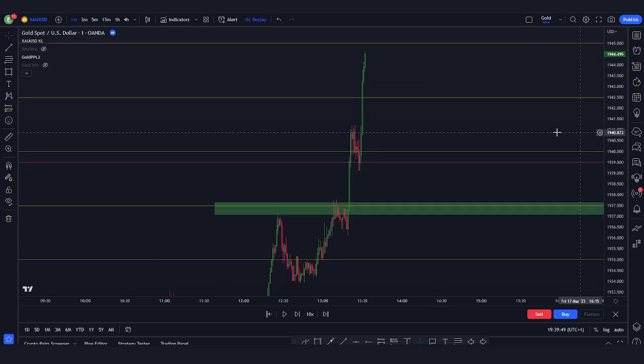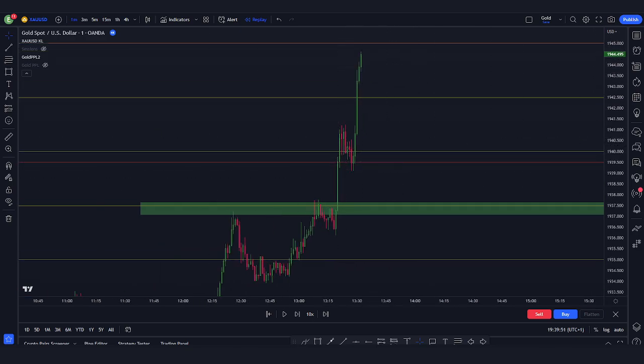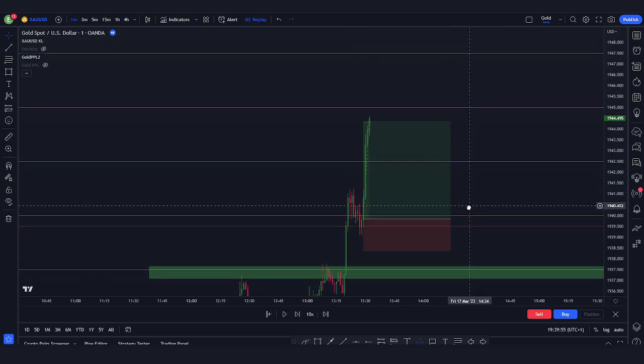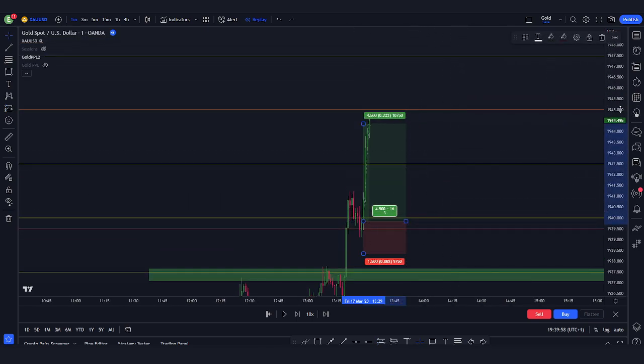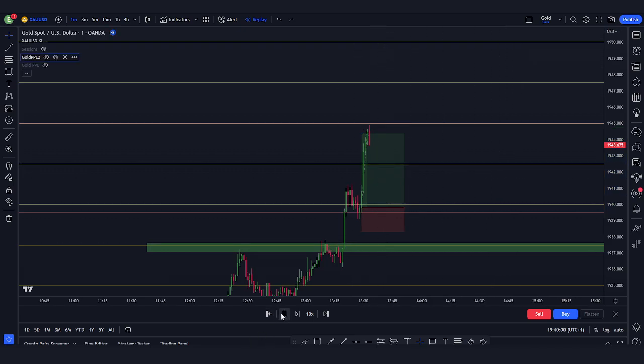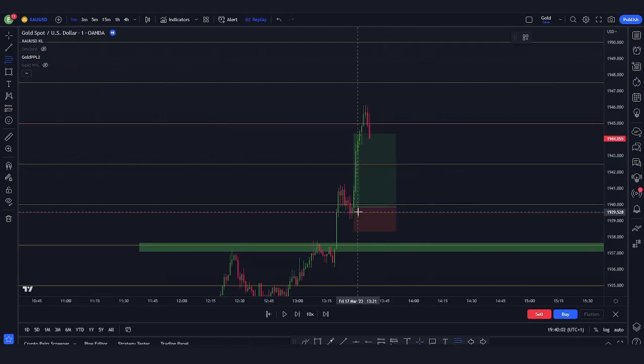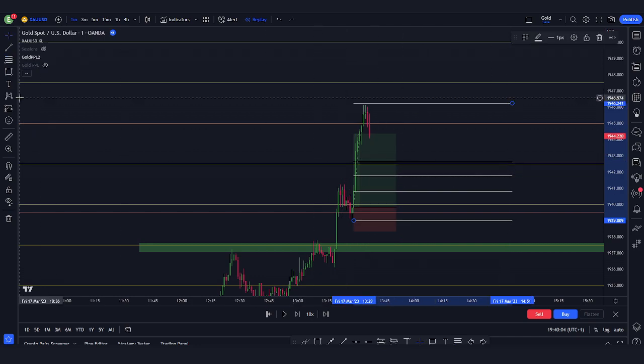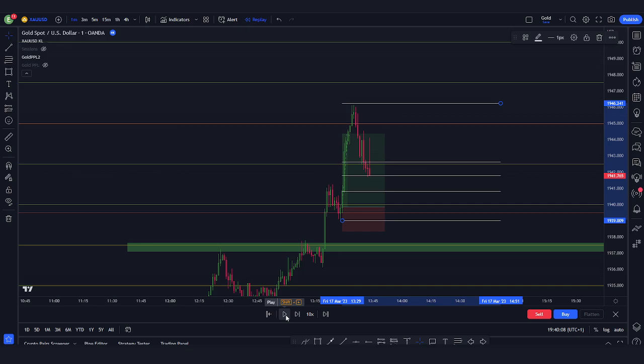You can see here we have the first tap of the key level, which could give you further entry for like 15 pips up to 45 pips, 1 to 3 risk to reward. Now what you're looking for is possibly the pullback to these levels, or even down to these previous lows.